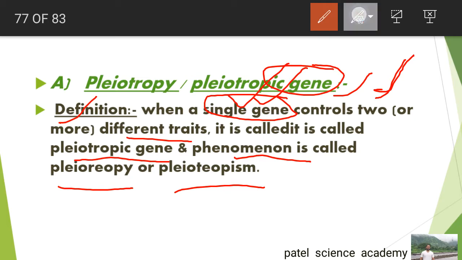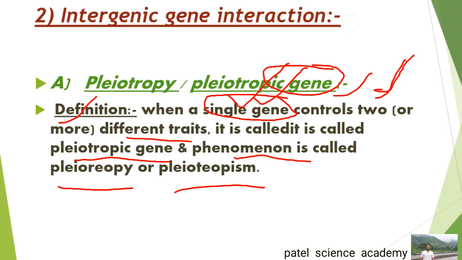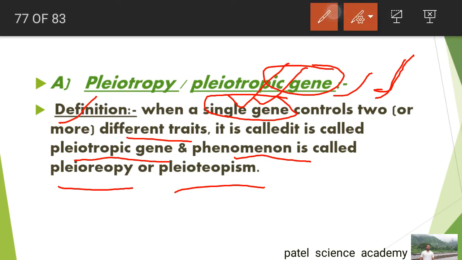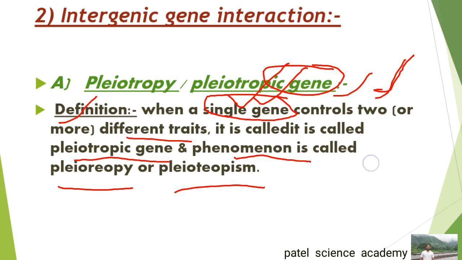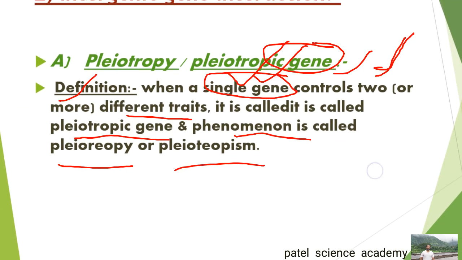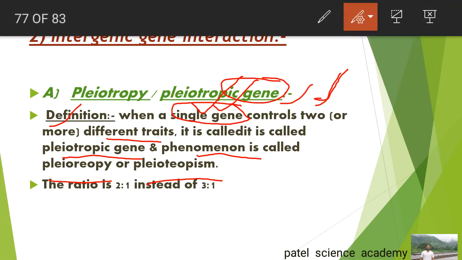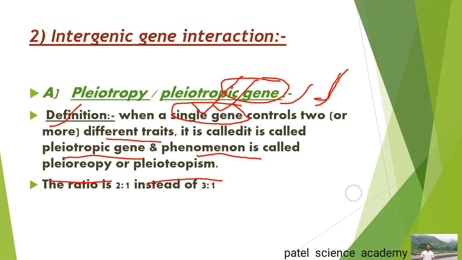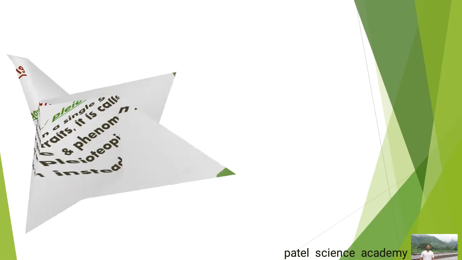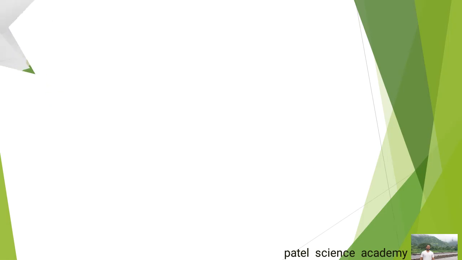Now we'll see the example of this pleiotropic gene. Its ratio is always 2:1 instead of 3:1. Actually we should get 4 results, but instead of that we are getting 3 results here. Why are we getting 3 results instead of 4?